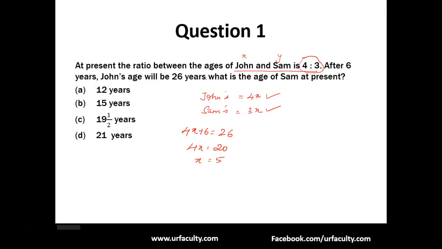If x is equal to 5, John's current age is equal to 20 and Sam's current age is equal to 15. And what is the question? What is the age of Sam at present? The answer is 15. Very simple question. As I said earlier, when a ratio is given, take that with the variable x and assume that to be the age. That will solve your problem pretty easily.